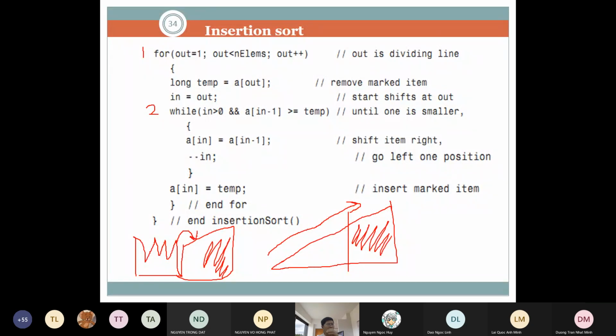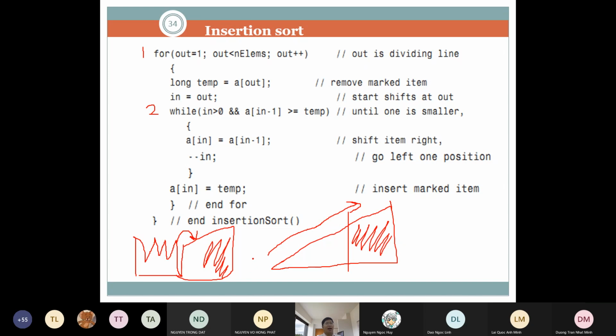Is it possible to organize the algorithm so that we can sort from the right to the left? Is it possible? Yeah, it should be yes.